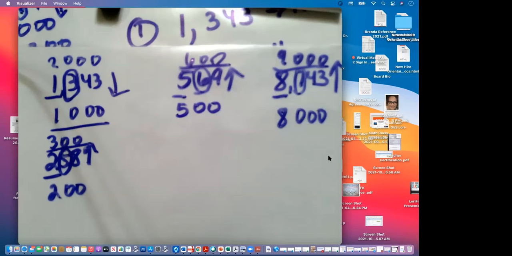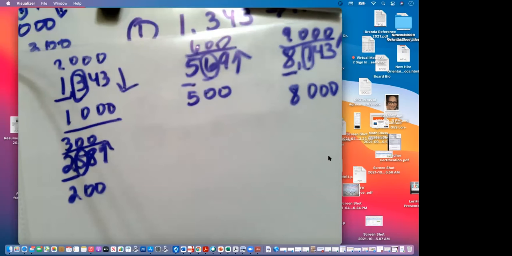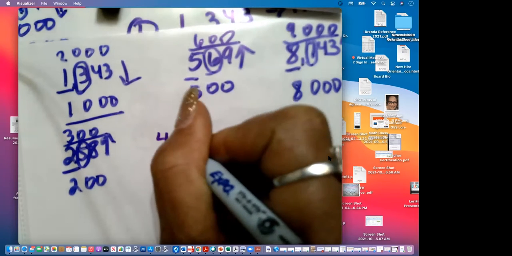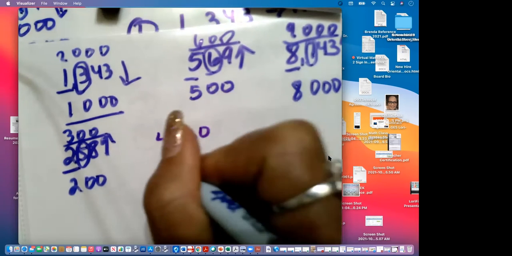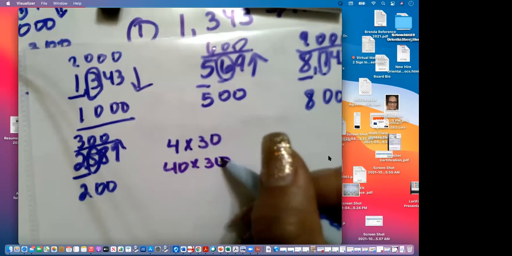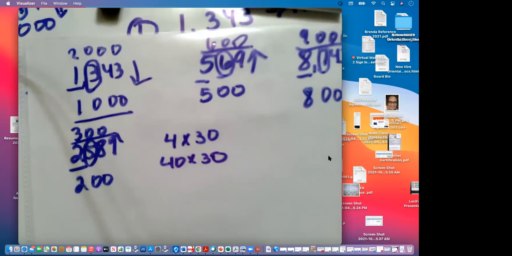All righty. So what we're going to do now is work on some multiplication strategies. If I gave you these numbers, what's the difference in these two problems? 4 times 30 and 40 times 30.